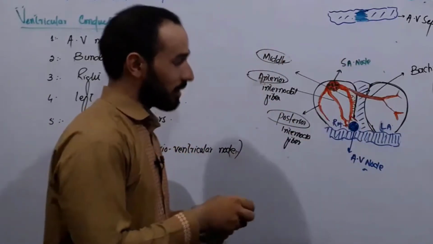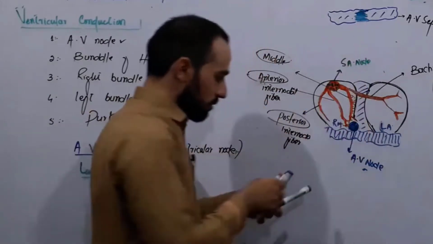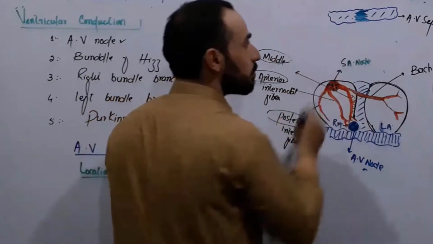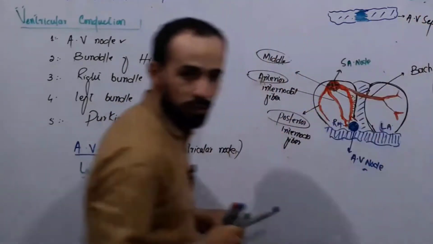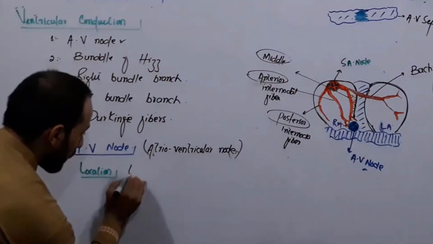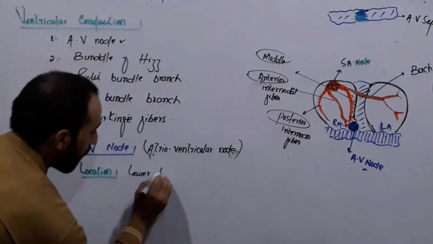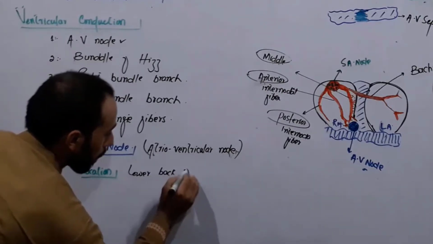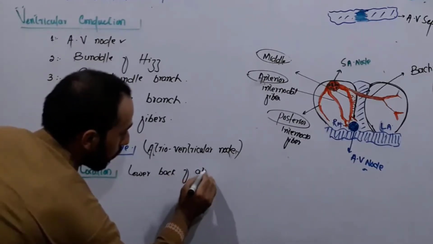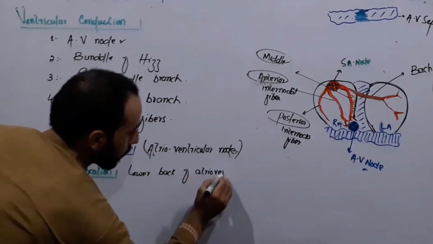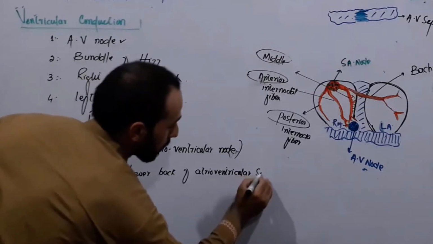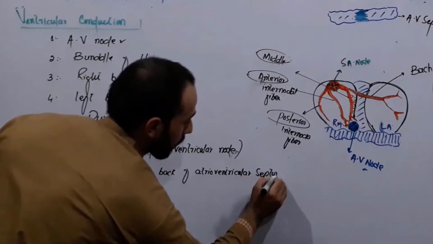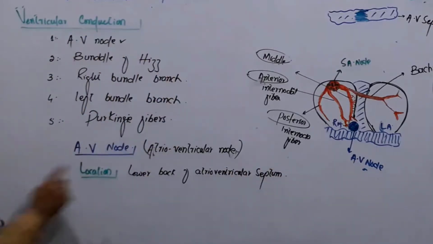Now it should be clear what the exact location of the AV node is. It is located on the lower back of the atrioventricular septum. Okay. This was the location.